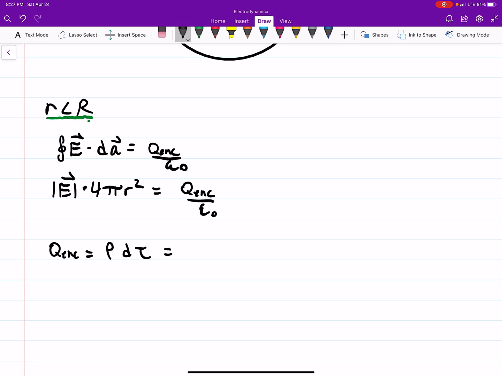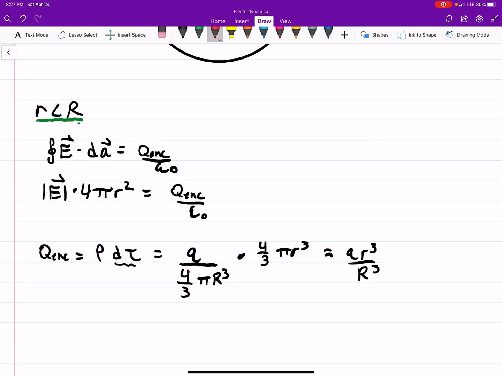One way you can think of rho is the charge, Q, divided by the volume of our whole sphere. And d tau, that's our volume element of our Gaussian surface. When you do that, you can see you get Q little r cubed over big R cubed.